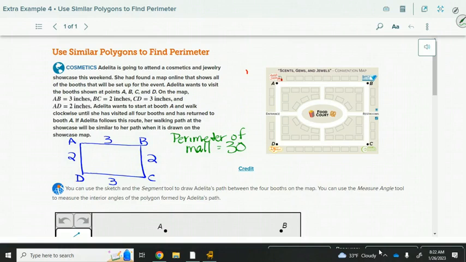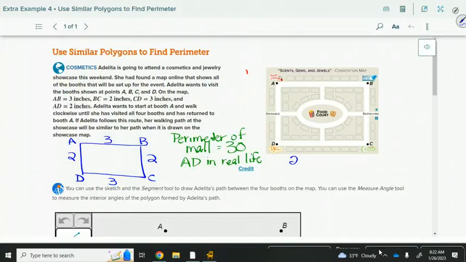We are going to figure out how big side AD is in real life. Okay, so that's a little map, that blue rectangle, and we're going to figure out how big AD is in real life. Okay, so here's what we do.